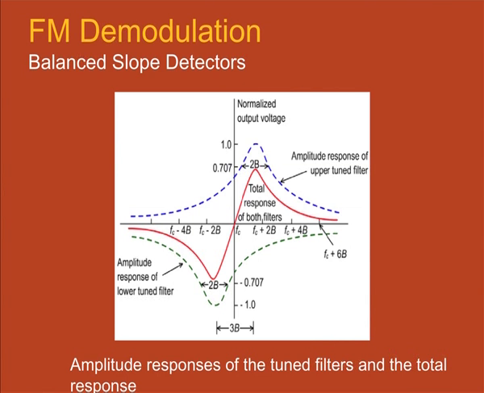We can clearly see that the response of the balanced slope detector, or the two circuits together, is linear over a range of 3B, which is much higher as compared to any individual tuned circuit, whereby we can overcome the biggest limitation of the slope detector, which has a narrow band linear response.